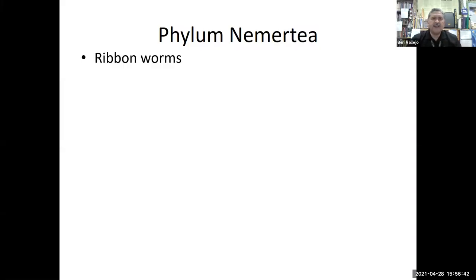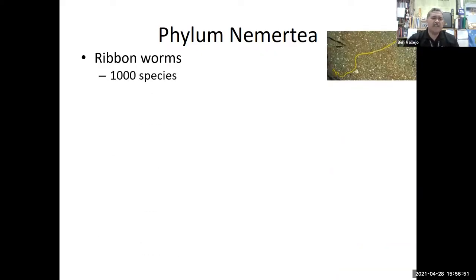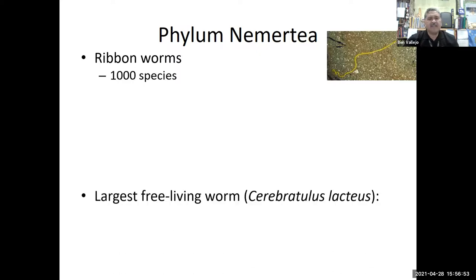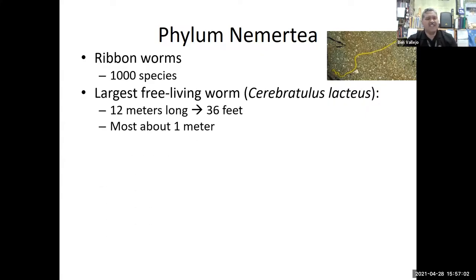Specifically in the marine environment, not one of the major classes of worms, but important to marine biologists, is the ribbon worm. There's just over 1,000 species of ribbon worms. The largest free living worm, 36 feet. Most of them are smaller, but 36 feet.